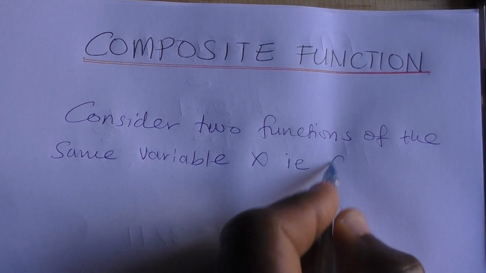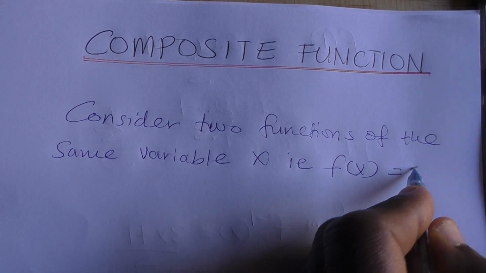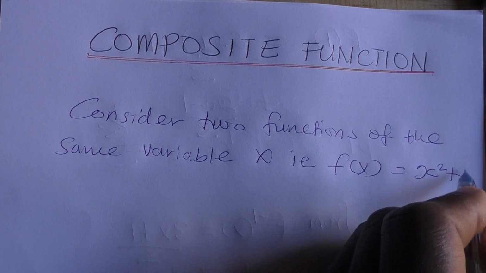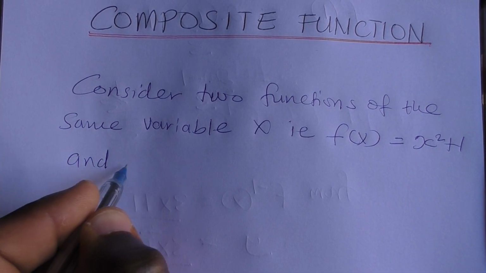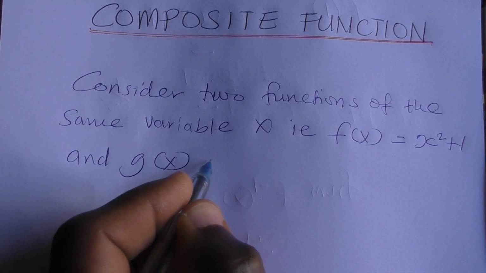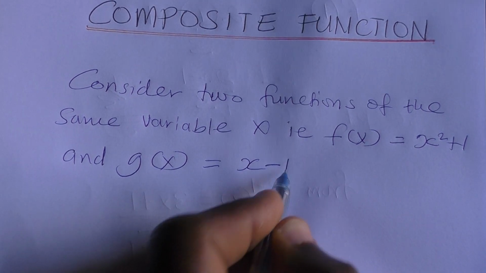That is, we have f of x, which is x squared plus 1, and g of x, which is x minus 1.